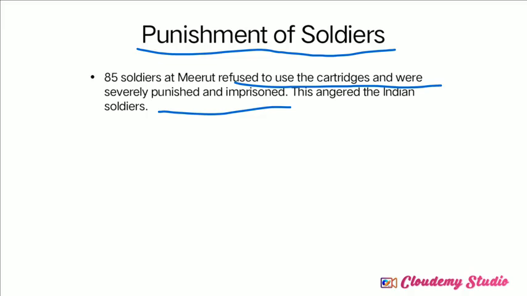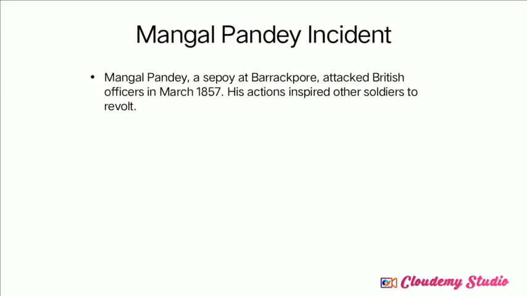If any soldier refused to use the Enfield rifle, they were imprisoned by the British officials. This created anger among the Indian soldiers and led to the revolt of 1857.